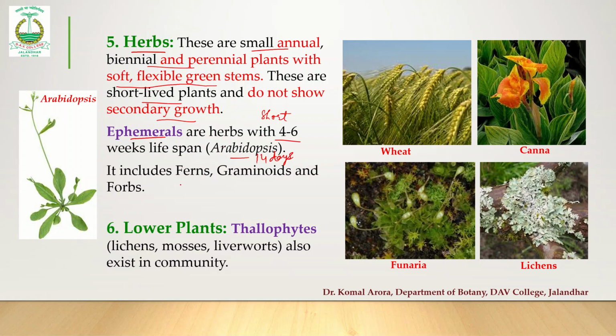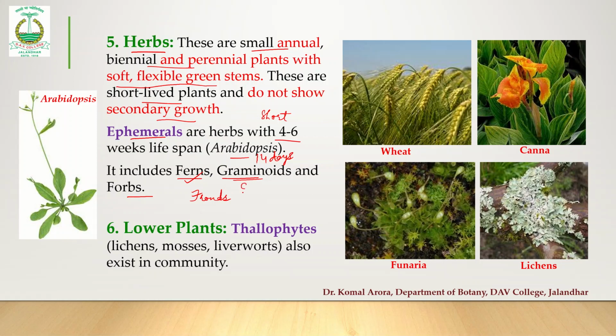Now we have other categories. Ferns, graminoids, forbs are considered under herbs. Now what are these plants? Ferns, you all know, are the pteridophytes. They have leaves which are laminized, highly dissected, very large sized leaves called fronds. The common example you have studied is Dryopteris pteris. Second comes graminoids. What are graminoids?